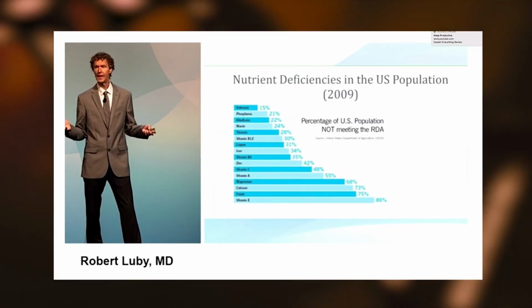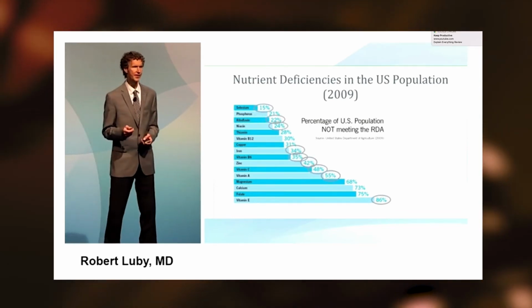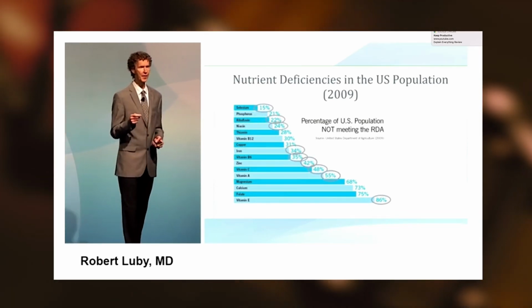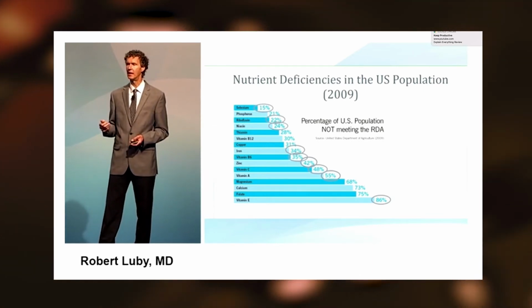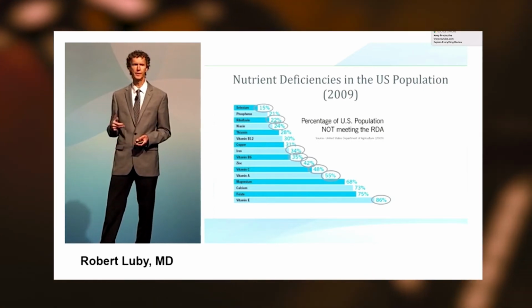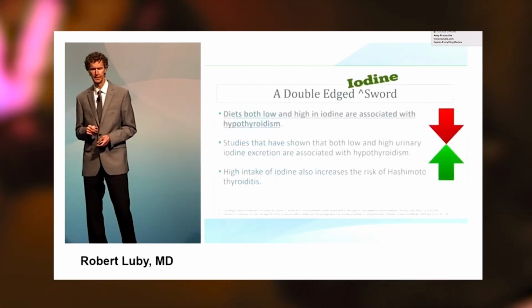Okay, so how can you use nutrition on Monday to help address this? First, assume that anybody who comes in with low thyroid function has some nutrient deficiencies. What is circled there are those nutrients that the thyroid needs. This is the population-based data of the prevalence of nutrient deficiencies. You can almost assume your patients are going to be nutrient depleted.